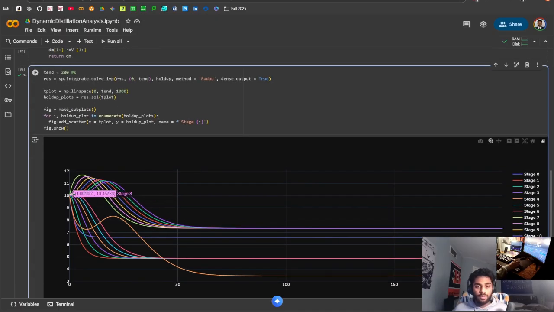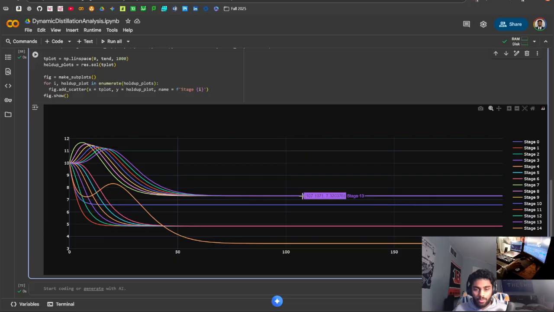And we get to see that everything over here, so this is stage 13 until about stage 7, so this is everything in our stripping section, comes down and comes to steady state. It seems like it's at around, I want to say around 7.3 moles from our initial 10 moles.